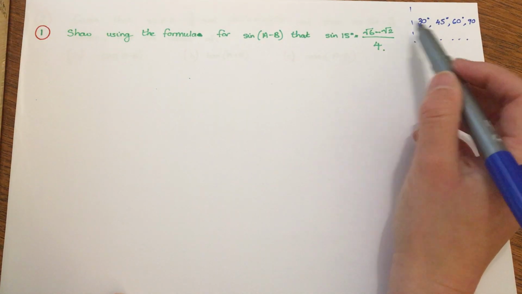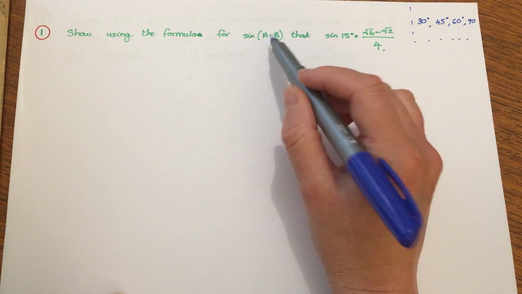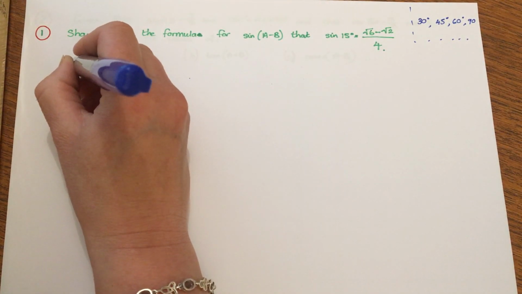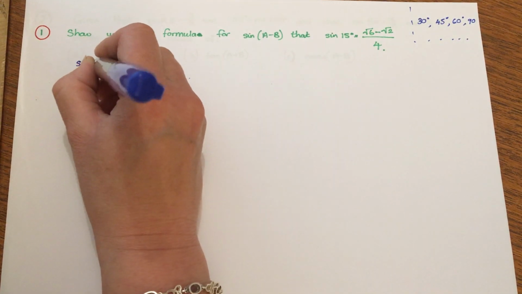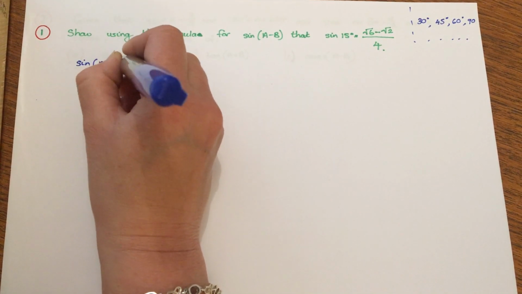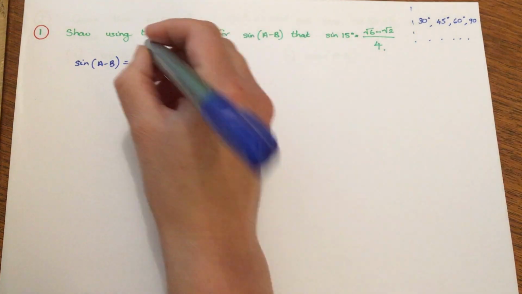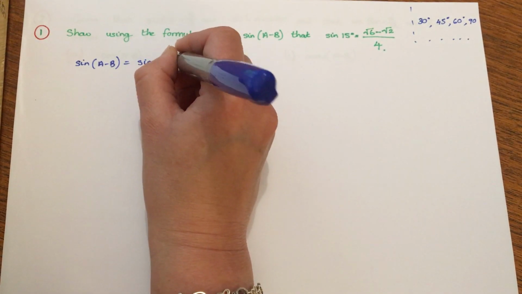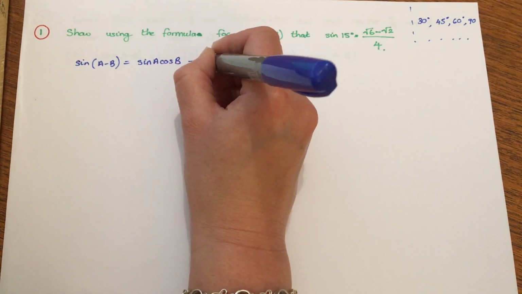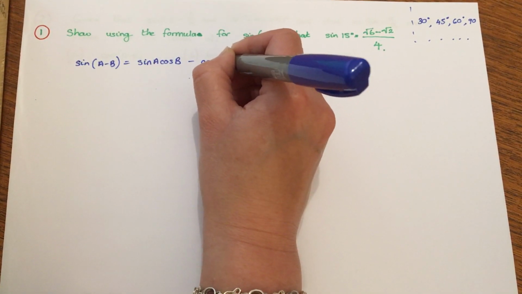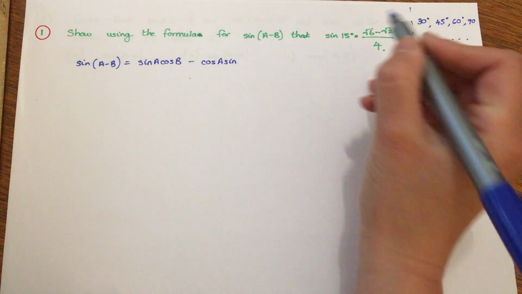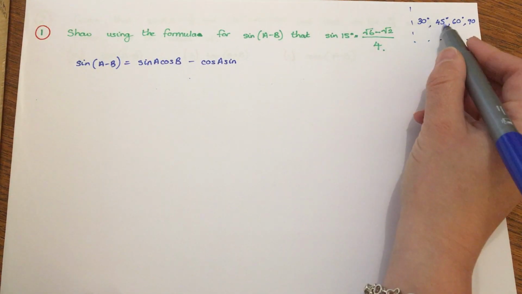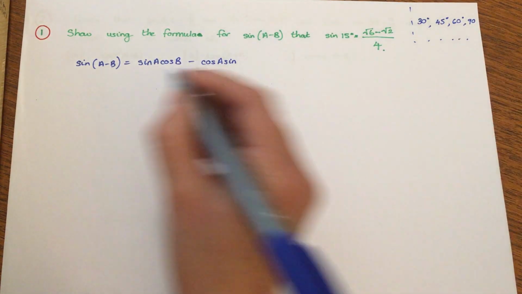So that's what we're going to be using to get to this point here, using the compound angle formulae for sine of A minus B. So sine of A minus B is sine A cos B minus cos A sine B. And to get 15, A has to be 45 and B has to be 30.